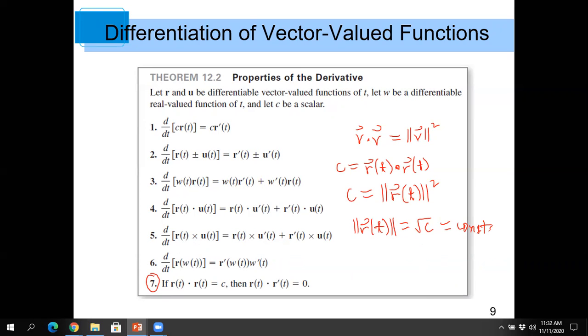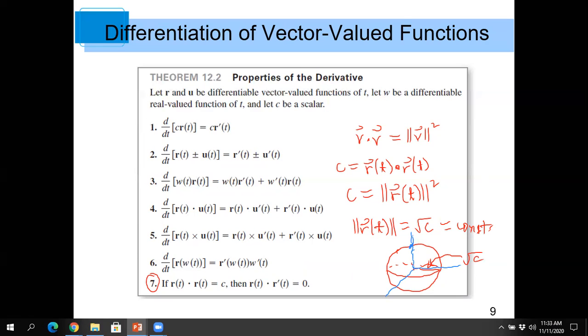Let me just try to draw a little picture here. Hopefully I don't totally butcher this. In fact, I already am. What it means is the following. There is a sphere, okay? There is a sphere, and the radius of that sphere is the square root of c. In this picture I have here's the z-axis, here's the y-axis in this direction, and here's the x-axis, okay?